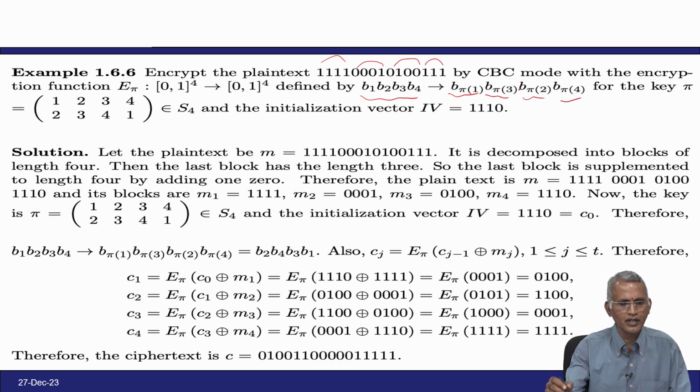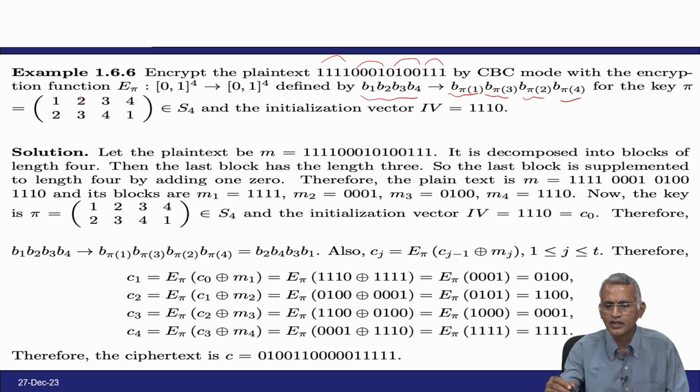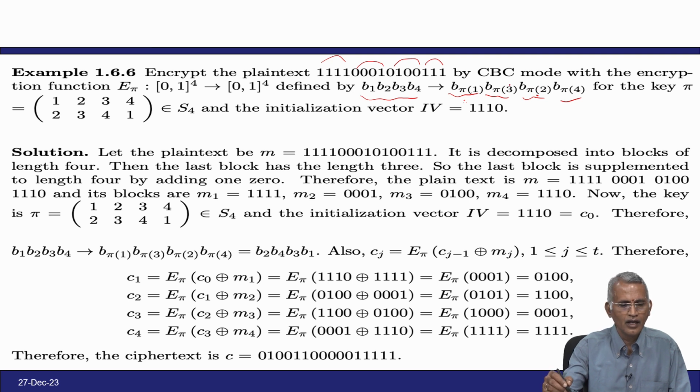It means 1 maps to 2, 2 maps to 3, 3 maps to 4, and 4 maps to 1. The initial vector of 4 is 1110.